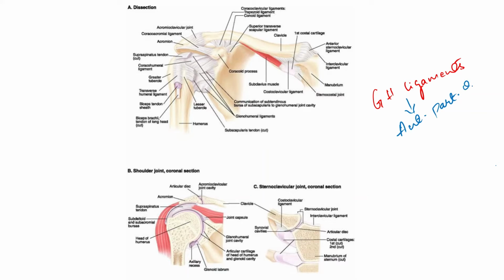Yes, the anterior part of the fibrous capsule is thickened to form 3 bands, which make up the glenohumeral ligaments.